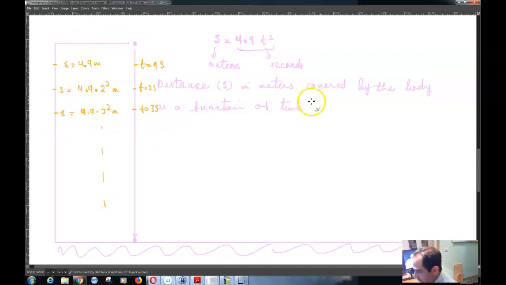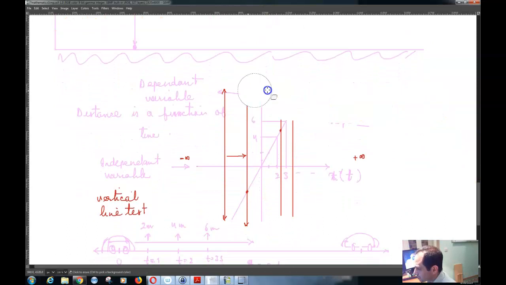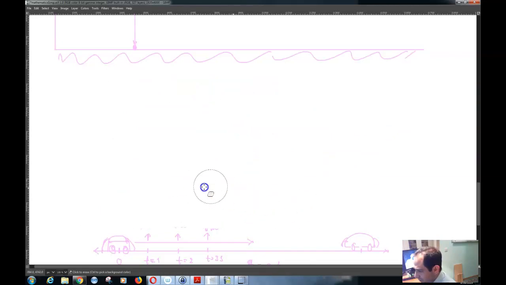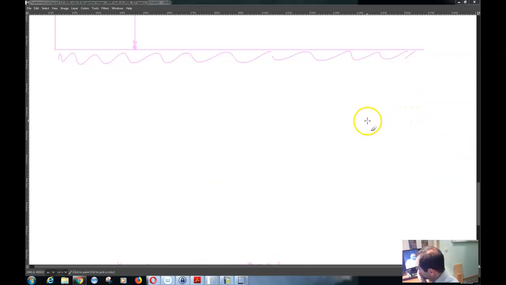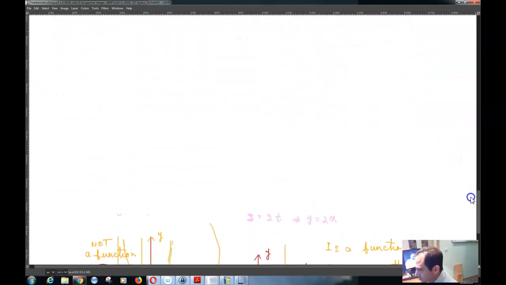So in the same way, what I can do is that I can prepare a table of these values of some inputs t and some outputs s, which is going to be something like this.